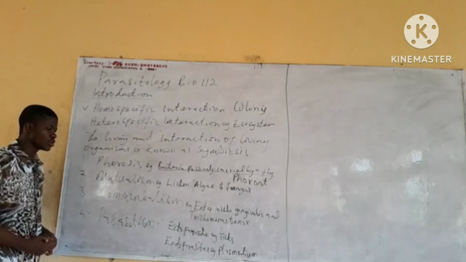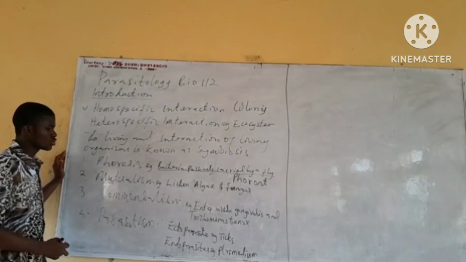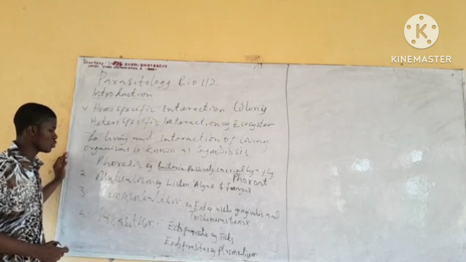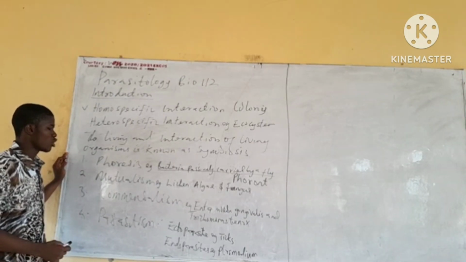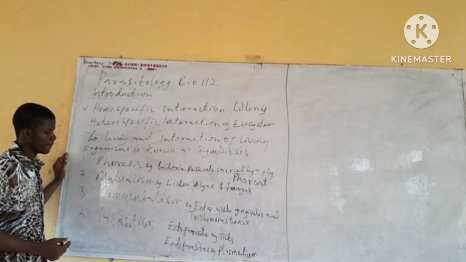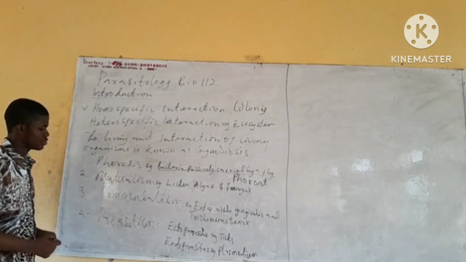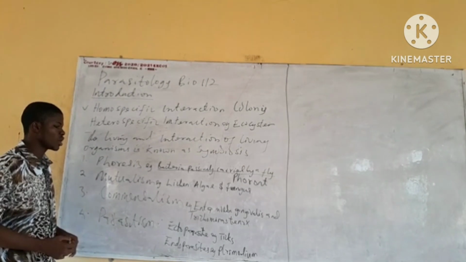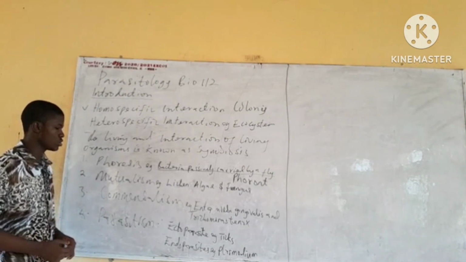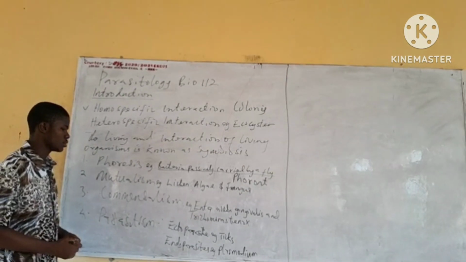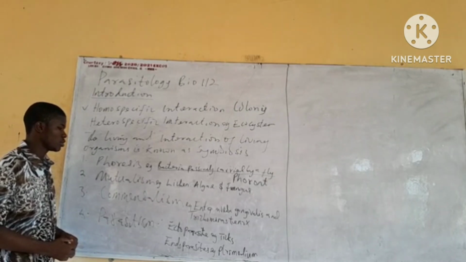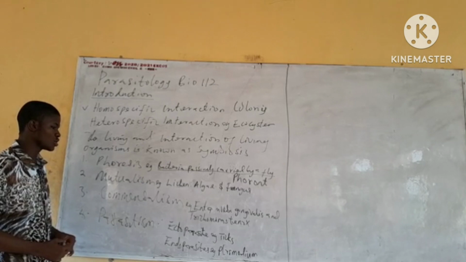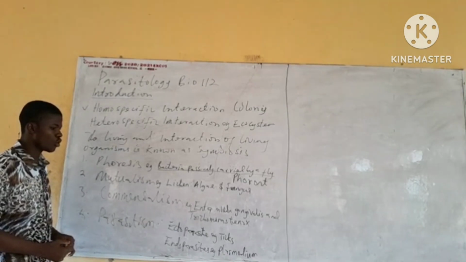Right, the third relationship we are going to look at is commensalism. In this type of interaction, one of the organisms, one of the symbionts, known as the commensal, benefits from the interaction, while the host neither benefits nor is harmed.